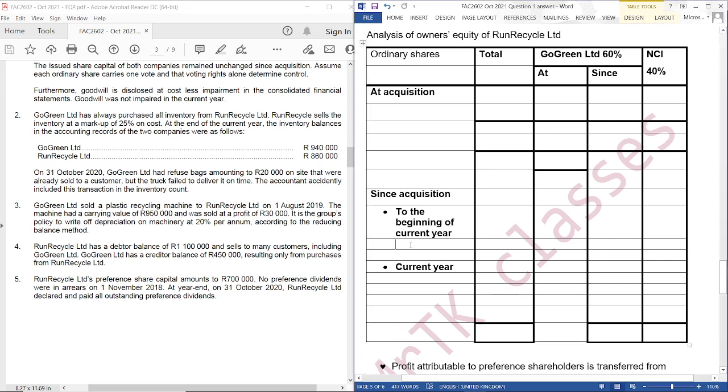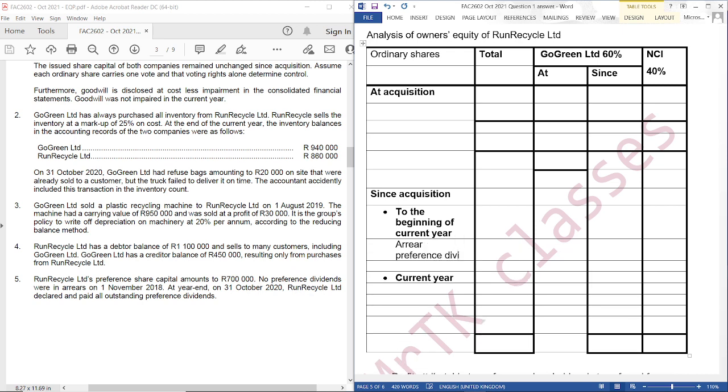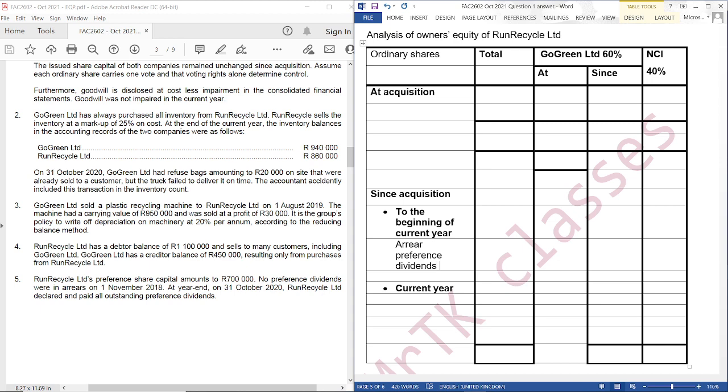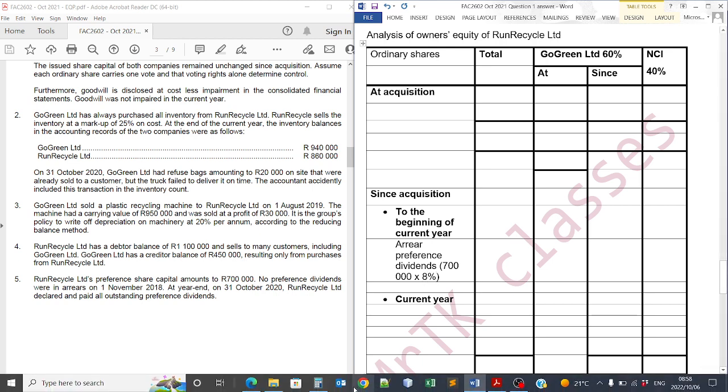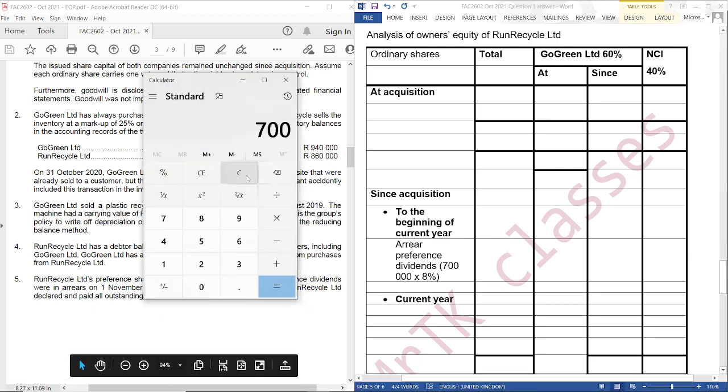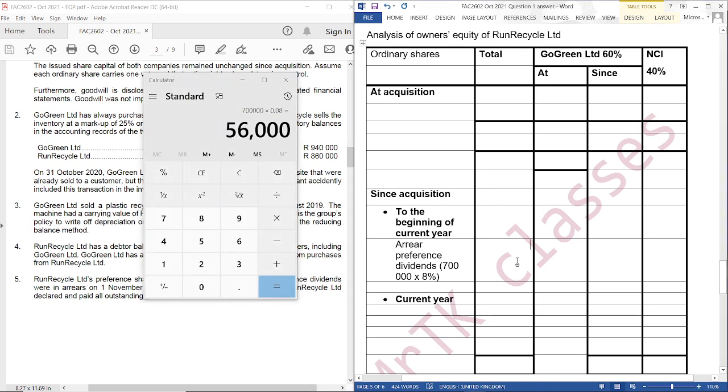So in our ordinary shares analysis table, we are going to say arrear preference dividends: 700,000 multiplied by 8%, which is 56,000.